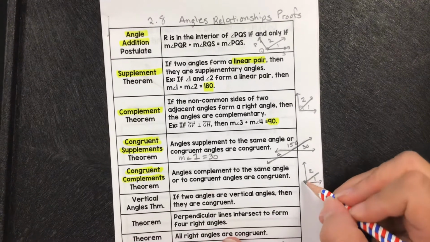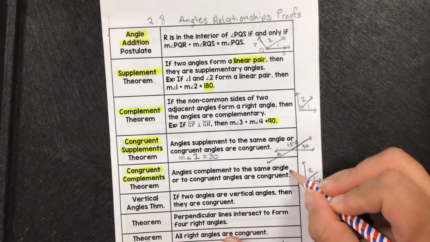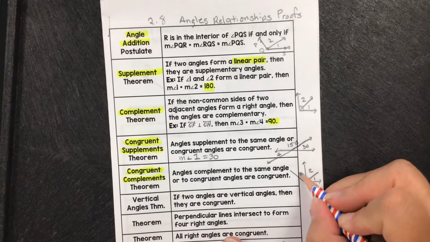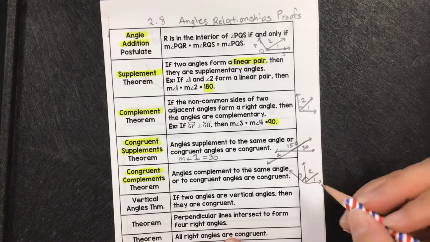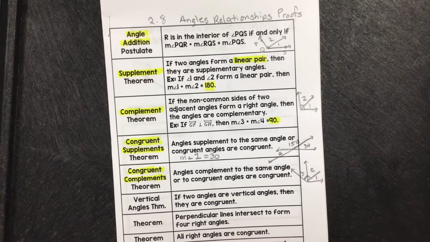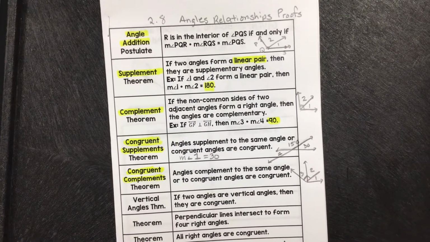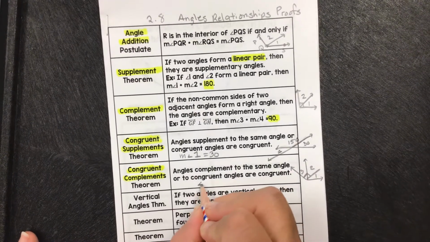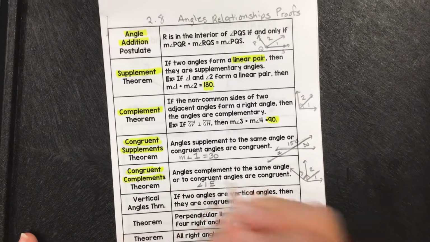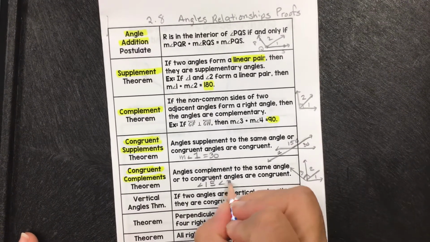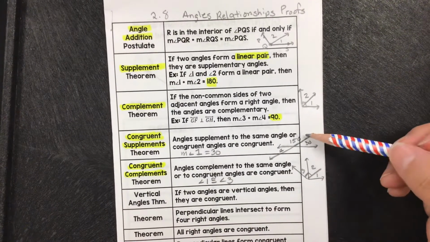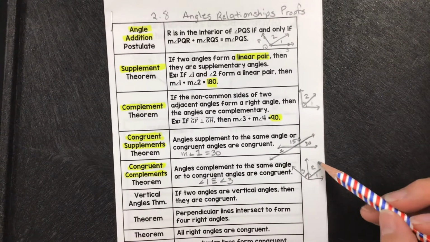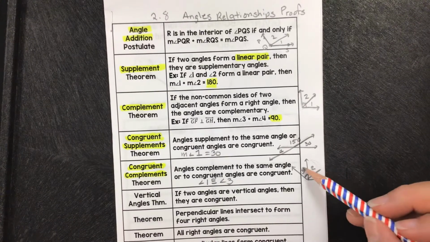Then they tell you that another angle that shares that 2, let's call it 3, are also 90. So I'm going to put the 90-degree symbol here. This theorem says that angle 1 is congruent to angle 3. So it's very similar to this. Because they share this angle 2, then these two will be equal.